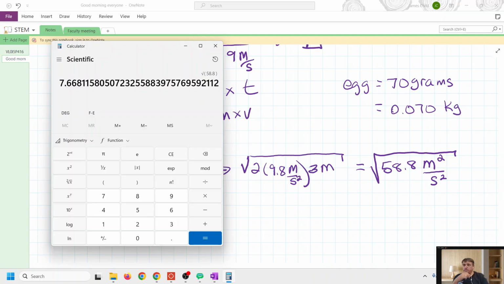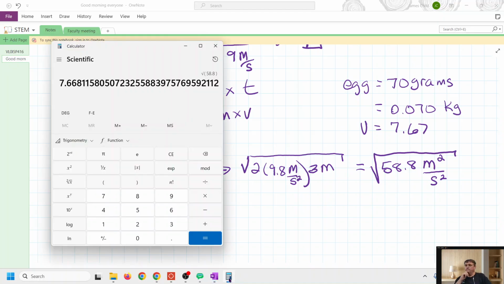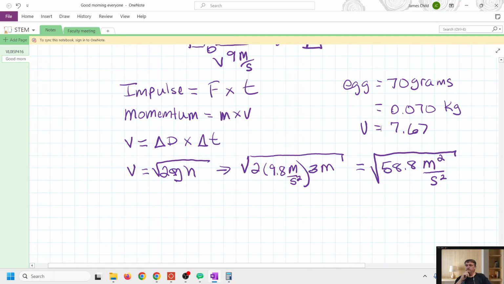All right, so I end up with a velocity just before it hits the ground of V equals 7.67, I think is what it was. 7.67. And notice I've got meters squared over seconds squared, but because I take the square root, I end up with just meters per second, which is good because that is the unit for velocity, right?